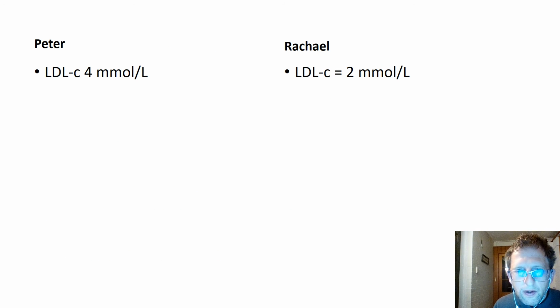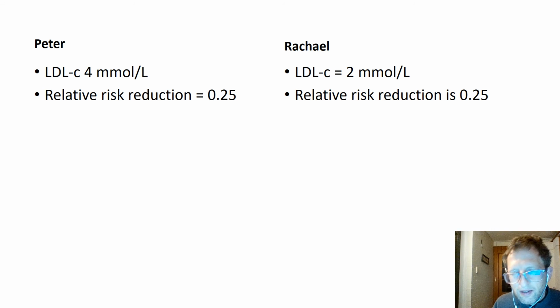And I'd like to briefly take you through how I explain this concept to the trainees. What I do is basically get them to imagine two patients, Peter and Rachel, and you're looking up their lipids. I point out that when you look at their lipids, you notice that Peter's LDL is 4 and Rachel's is 2, and otherwise the lipids are very similar. And I tell them that what we know about statins is that for every 1 millimole reduction in LDL you get, there appears to be a 25% reduction in cardiovascular events.